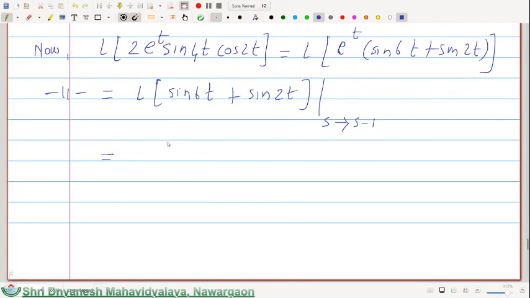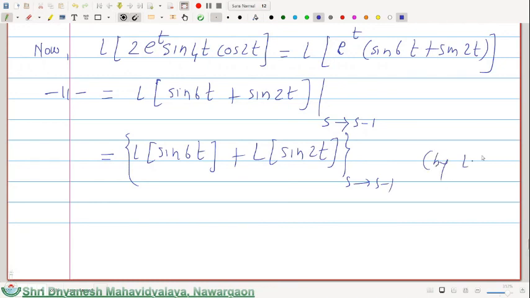Okay, so by linearity property of Laplace transform, we get Laplace transform of sin 6t plus Laplace transform of sin 2t, s will be replaced by s minus 1.